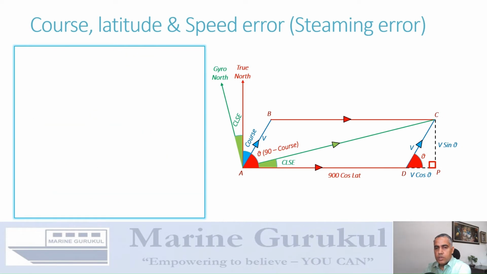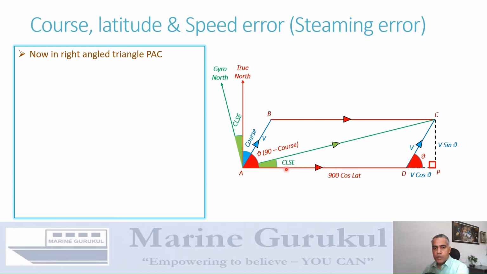Having understood the diagram, now we can easily derive the formula for calculation of the CLSE or steaming error. Now for this, let's take our attention to the triangle Papa Alpha Charlie. So we have a right angle triangle in this diagram, Papa Alpha Charlie, having a right angle at point P. So in this right angle triangle, we have this angle A as our CLSE.